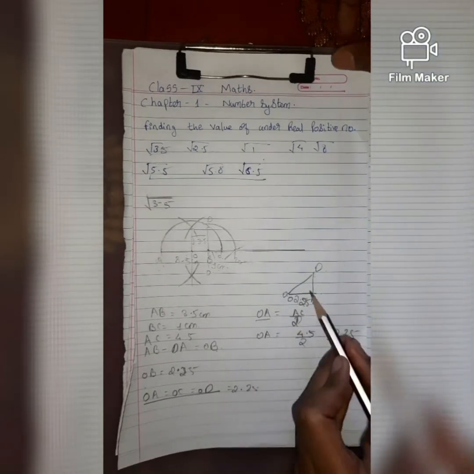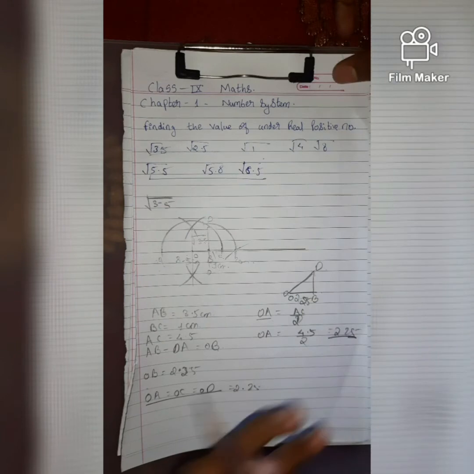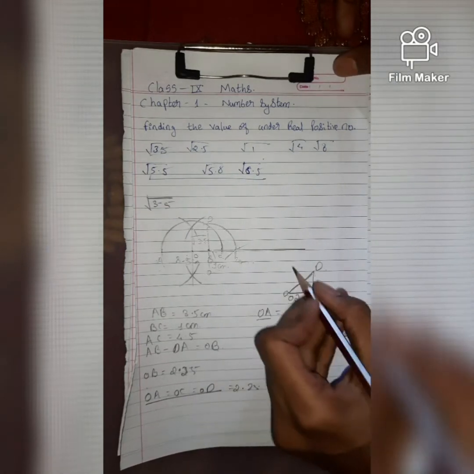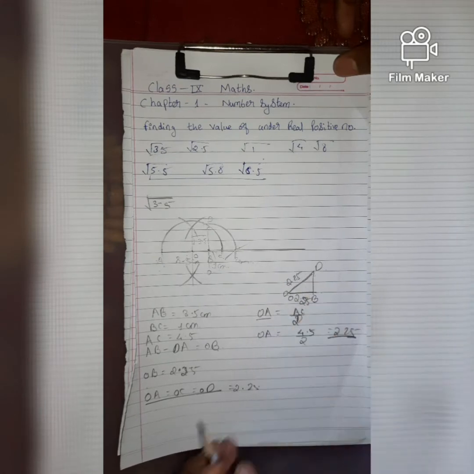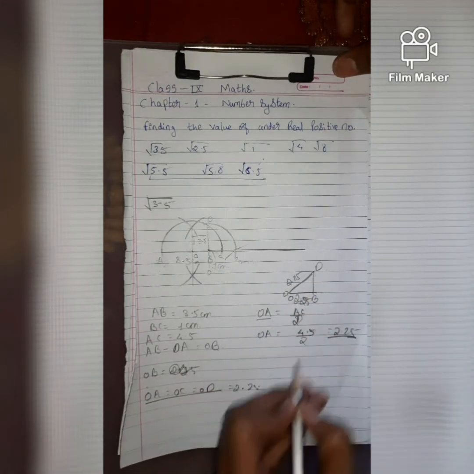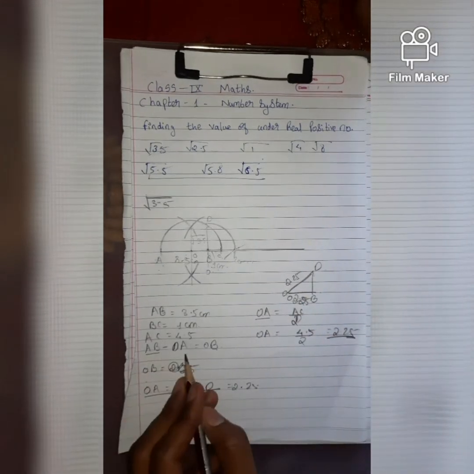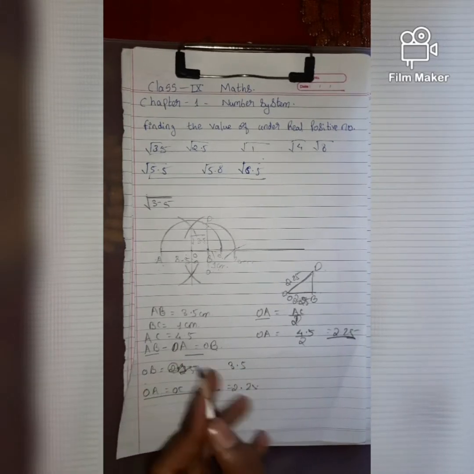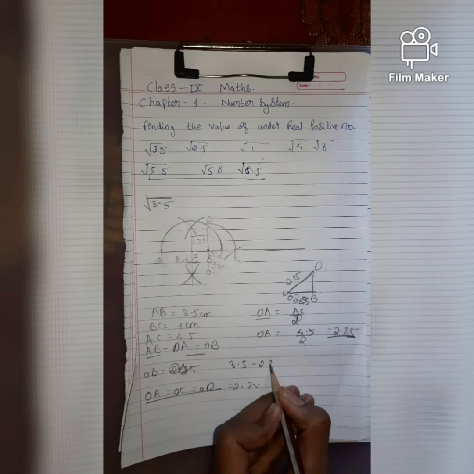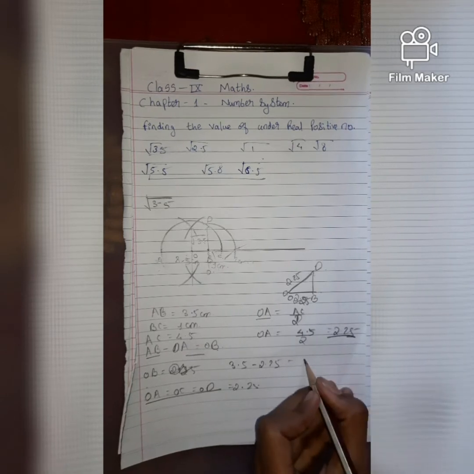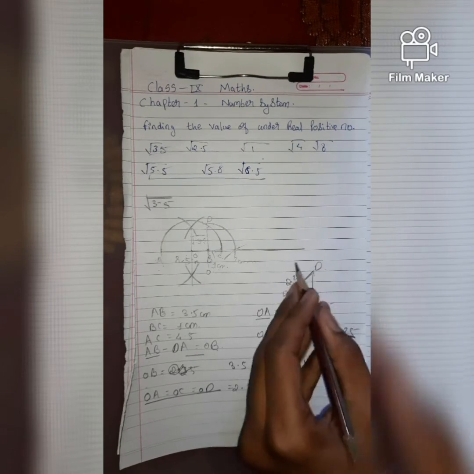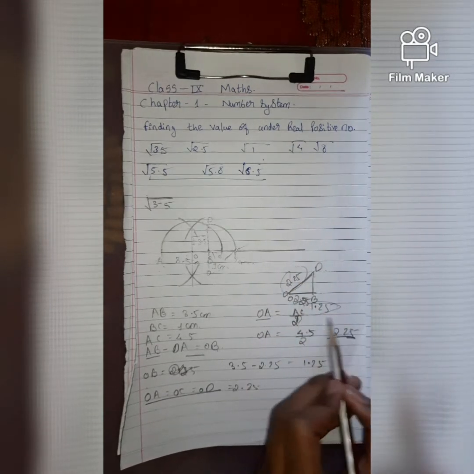OD is our hypotenuse. Our OB will be AB minus OA. Our AB is 3.5 and OA is 2.25, so this will be 1.25. So OB is 1.25. This is our hypotenuse and this is our base.